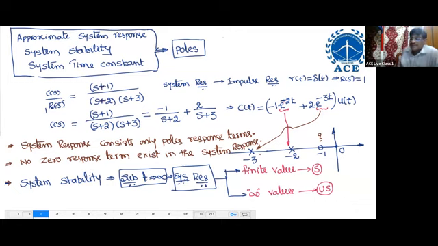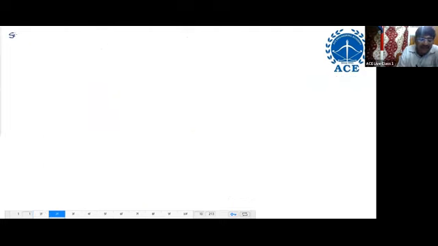Okay. Next, system time constant. Why do we need the system time constant? The system time constant is mainly required to draw the response.